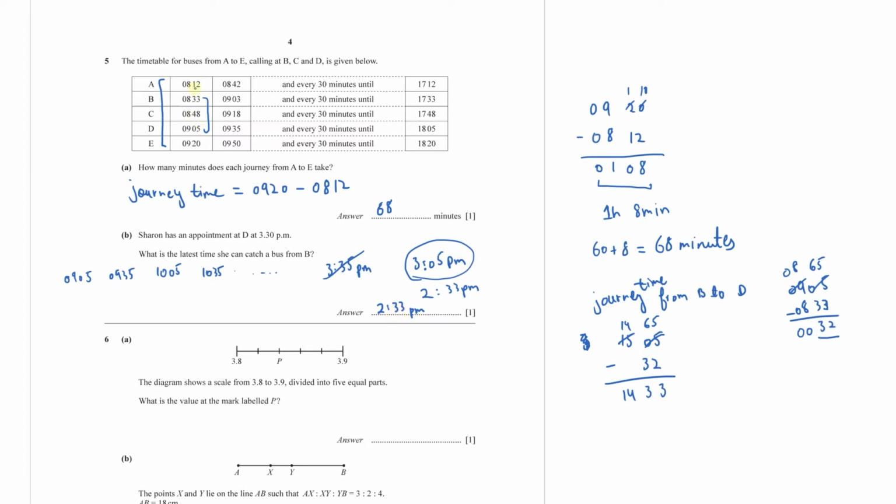So either you can look at the pattern here that the bus arriving at 9:05 departed at 8:33, so the bus arriving at 3:05 will depart B at 2:33, or you can calculate the journey time between B and D, and then you know the arrival time. So your departure time would be just the arrival time minus the journey time to get the departure from point B. So both cases will give you the same answer. So your answer is 2:33 p.m., or you can write it in 24-hour clock format, which is 14:33 here.